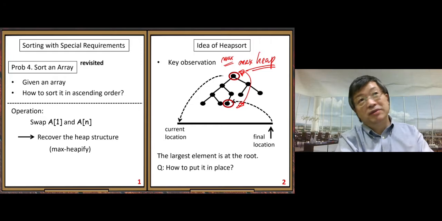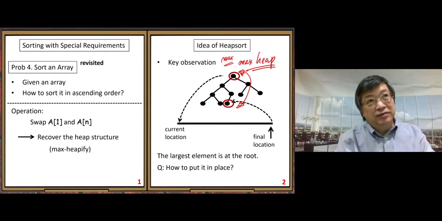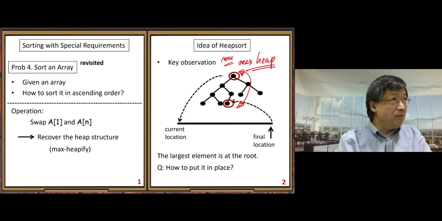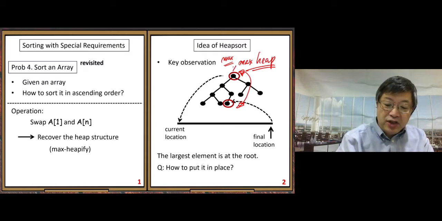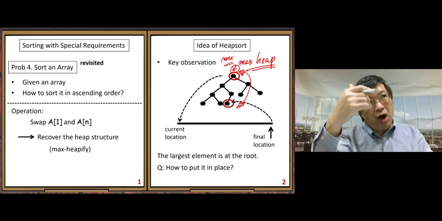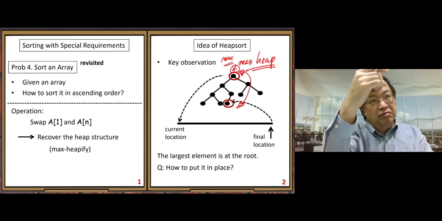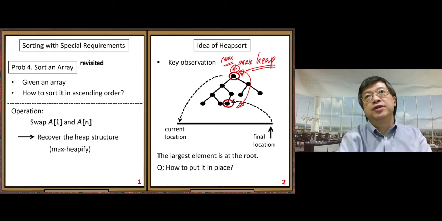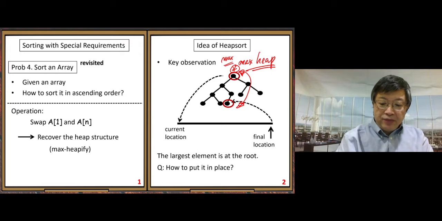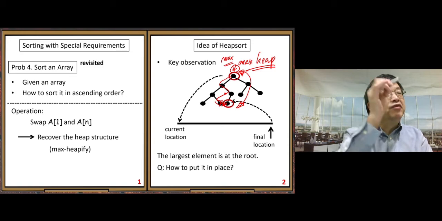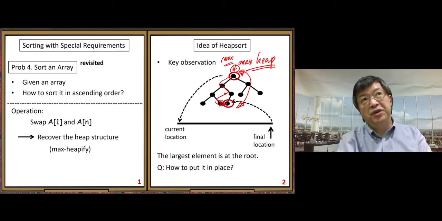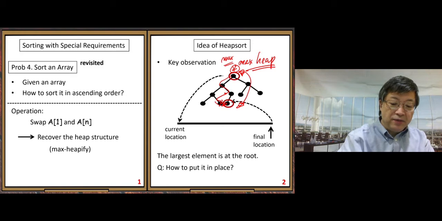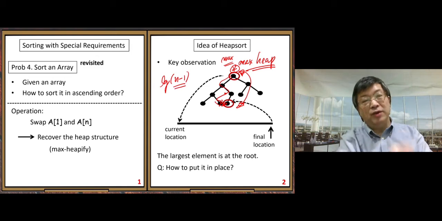And what is the cost to do that fix with max heapify? Because we only fix at the root location, after the swap the only violation occurs at the root, so you only do max heapify from the root. You follow a path down to a leaf node. What is the cost? Here I can tell you: log of n minus 1. Why n minus 1?